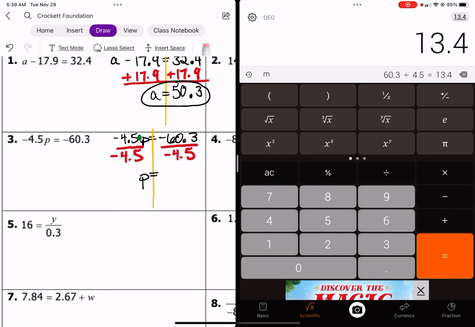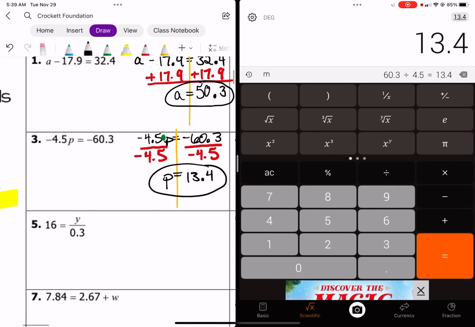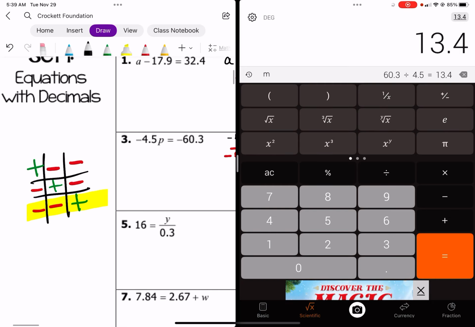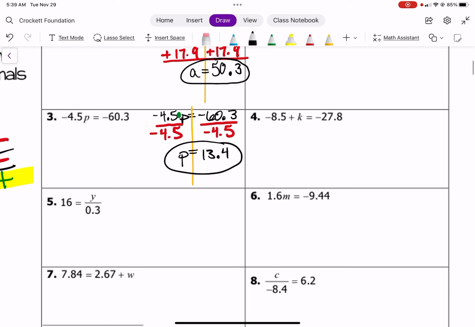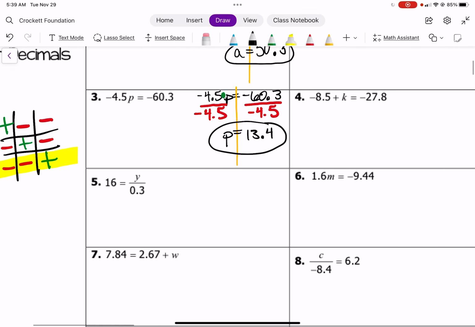That equals 13.4. So let's get the 13.4. Okay. And remember, we already did the negative divided by a negative, which is a positive. Okay. Let's go ahead and take a look at number 5.